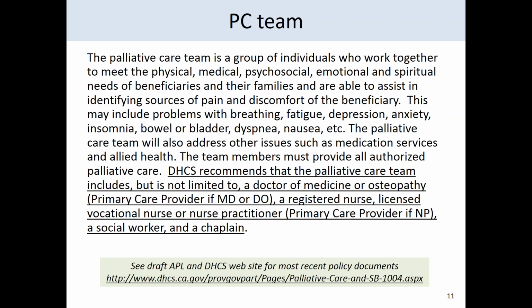So physician, nurse, social worker, and chaplain, but it may include other individuals as well. And this group works together to address a range of issues that are commonly confronted by beneficiaries with serious illness and their families. Next slide, please.